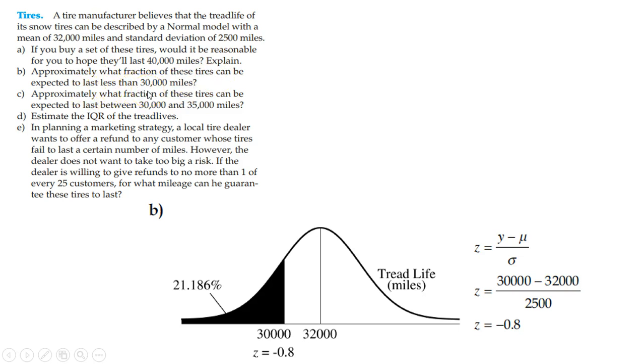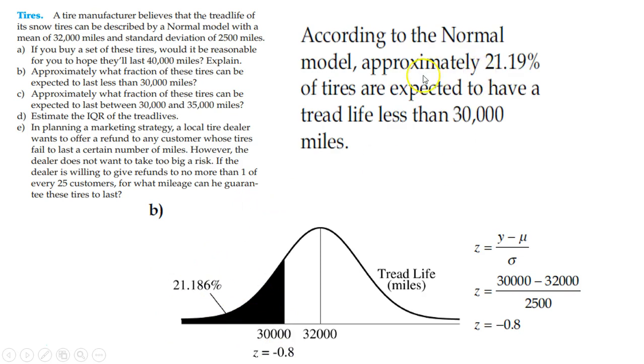So if we were going second vars, normal CDF, negative 10,000 or something absurd, because remember, it never ends, it goes to negative infinity, comma, we wanted to go 30,000, with the 32,000 as the mean and the standard deviation, and I get approximately 21.186% of them should last less than that. So not very many. So what fraction is basically saying what percent, right?